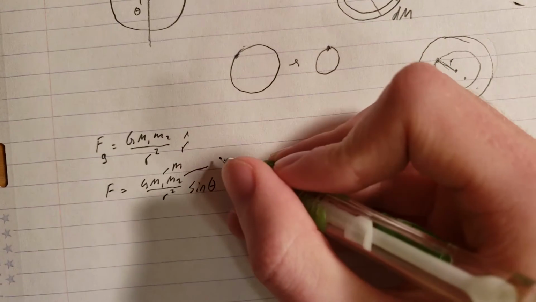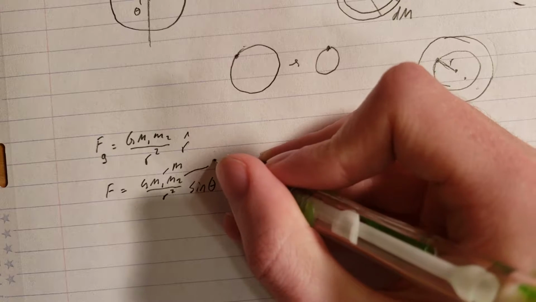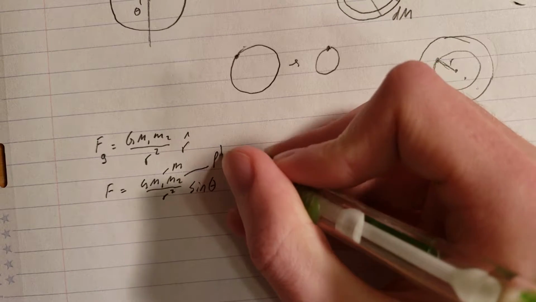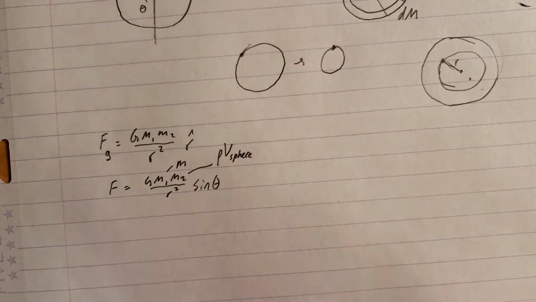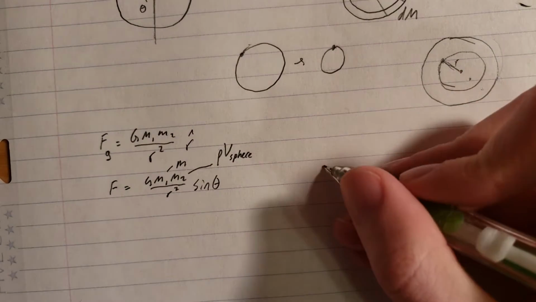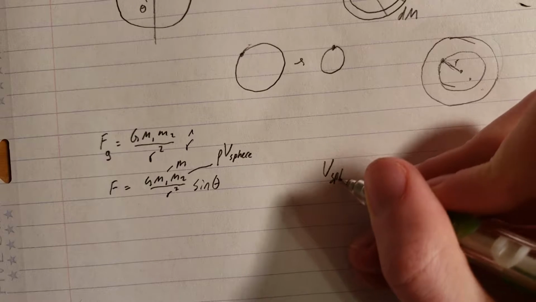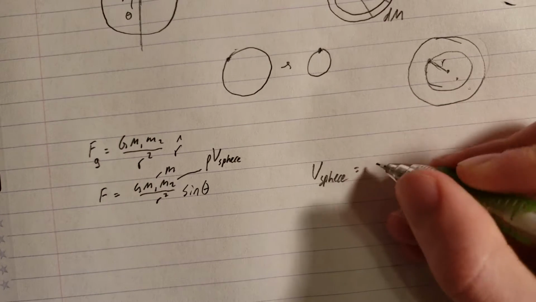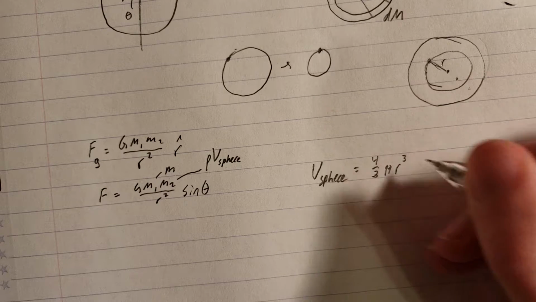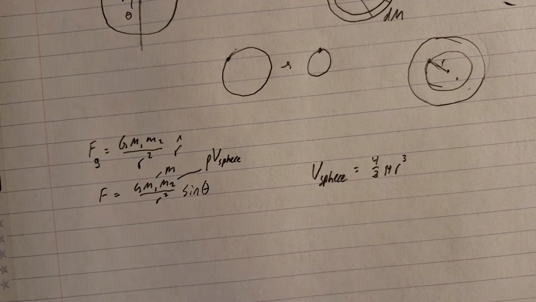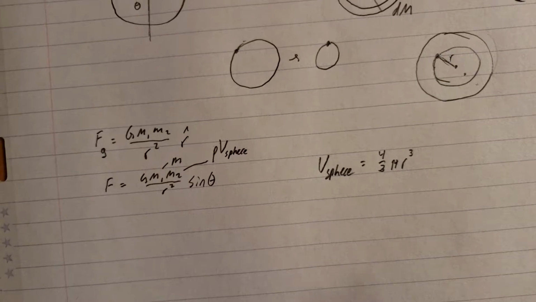And so what that's going to be, it has to be the density of the Earth times the volume of whatever this sphere is, V of sphere. And V of sphere, as I'm sure we're all aware, is 4/3 pi r to the third. That's not a very good pi, but you understand what I'm saying.